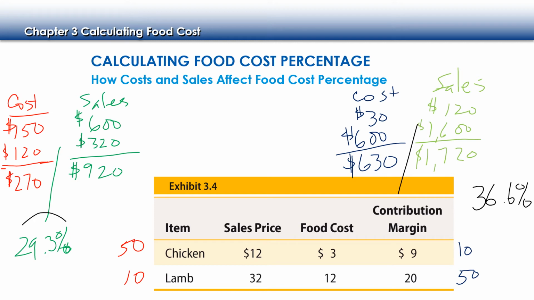And so if we're looking at our food cost percentage, you can see here that the mix of how we sell things is going to have an impact on our food cost percentage. As a server, I am looking at my tips as a percentage of my sales.